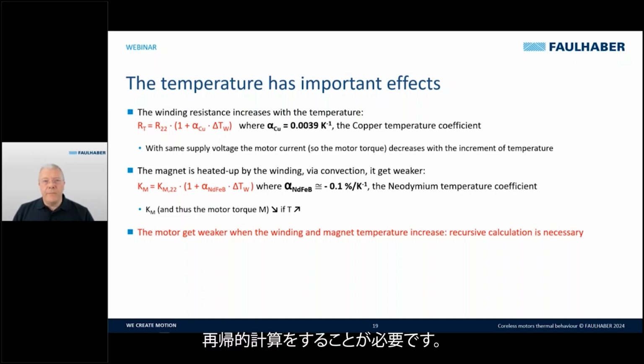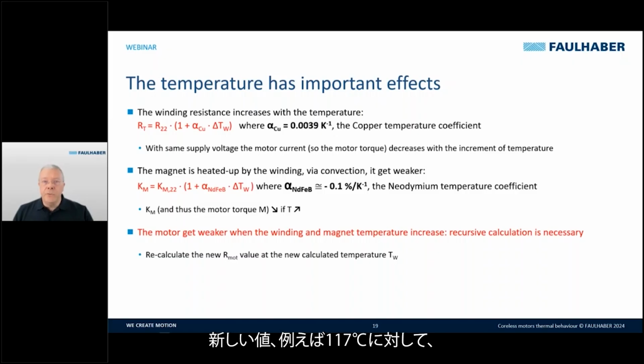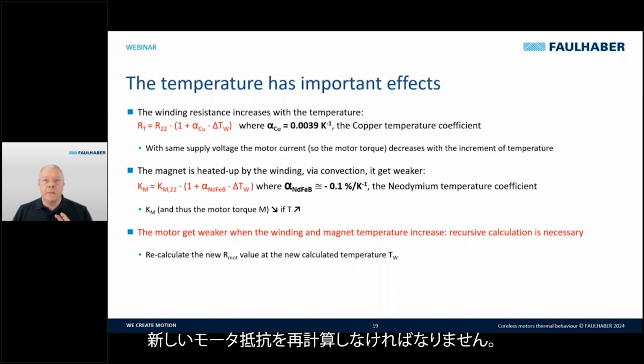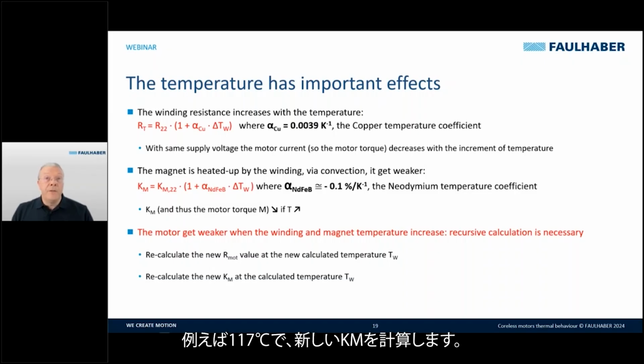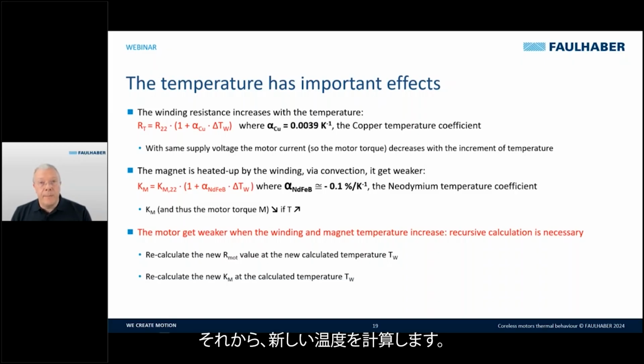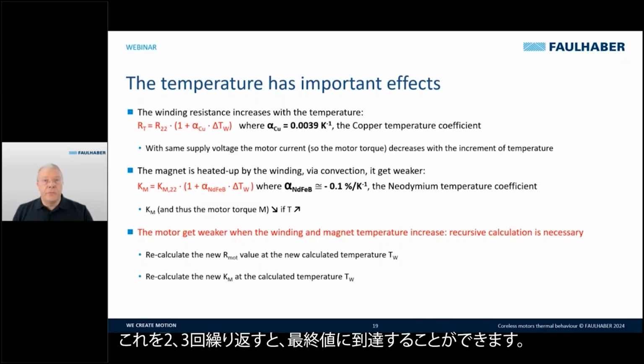It's necessary to have a recursive calculation, so we have to recalculate the new motor resistance at the new value, for example, 117 degrees, and then we have to calculate the winding temperature. We have to calculate the new Km at 117 degrees, for example, and we have to calculate the new temperature. Then with this, after 2 or 3 iterations, we can reach the final value.